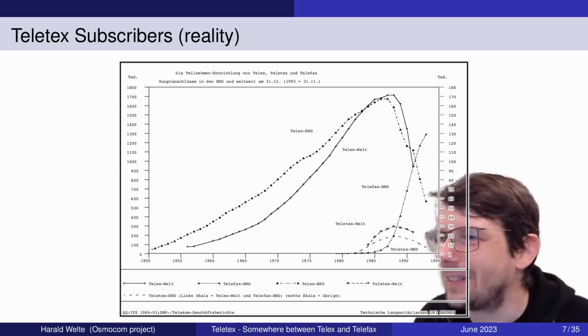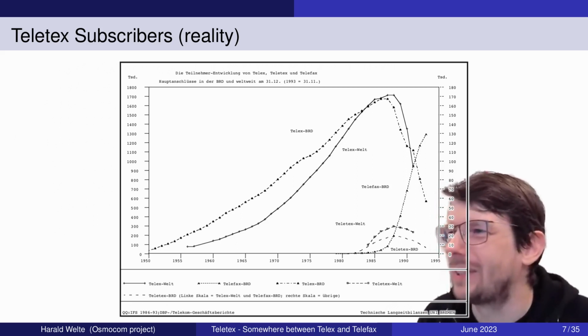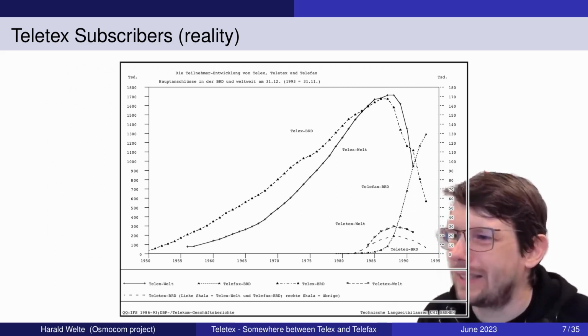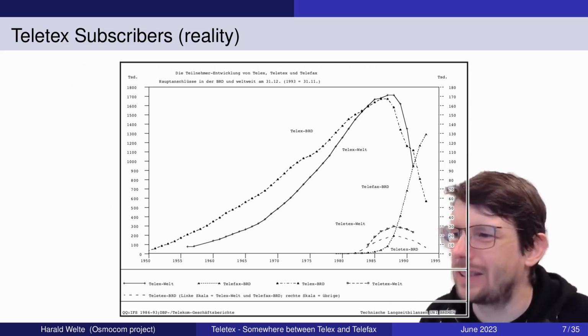In any case, we can see that the Telex peak is around 87 or so, a little bit sooner in Germany than here. Then we see the Teletex, the one we're talking about here today. The worldwide subscriptions are also peaking, interestingly, at the same time that Telex peaks, and then deteriorating from that point on. And in Germany, it is this lower graph at the bottom here.